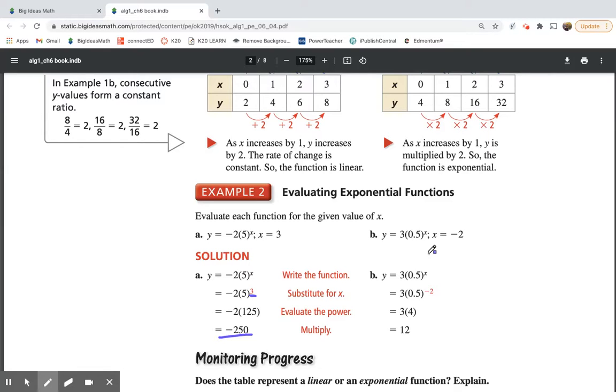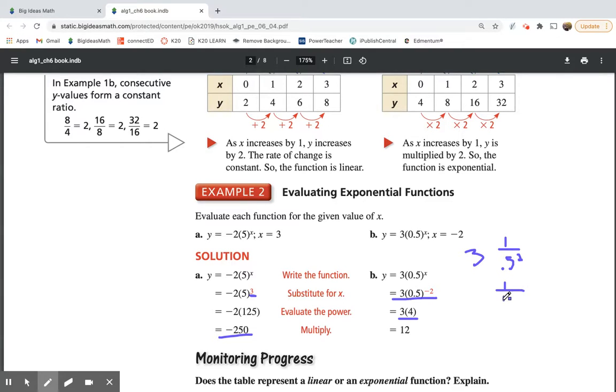Okay, example B, y equals 3 times 0.5 to the x power when x equals negative 2. First thing we do is rewrite it. Now, on their steps, it looks super confusing on how they went from here to here. So what they did, 0.5 to the negative 2, we know, so that means 3 times, we have to do 1 over 0.5 to the second power. Okay, but 0.5 is really 1/2.